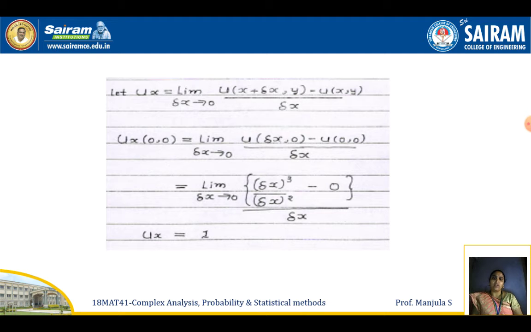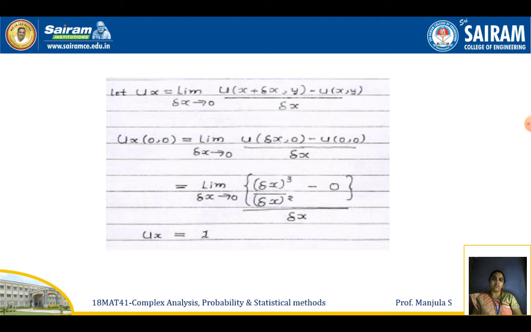Now we'll find ux with the basic definition of the partial derivatives. The definition is: limit as del x tends to 0, u of x plus del x comma y minus u of x comma y, divided by del x. ux at the origin means 0 comma 0. So limit as del x tends to 0, in place of x and y you just substitute 0.